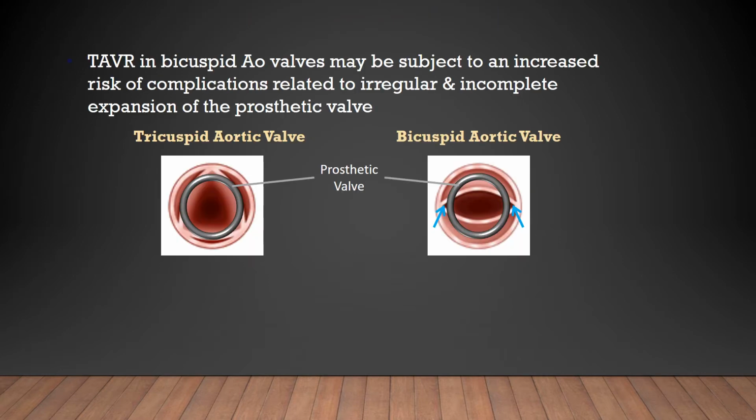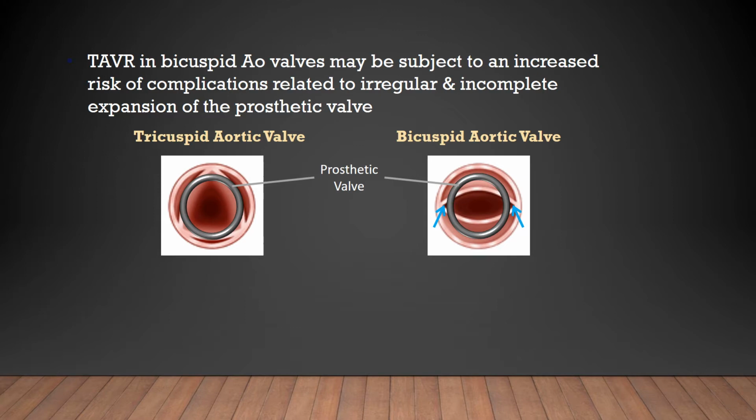So moving on, TAVR in bicuspid aortic valves may be subjected to an increased risk of complications related to irregular and incomplete expansion of the prosthesis, and as I was just mentioning, it is like putting a round peg in a square hole.